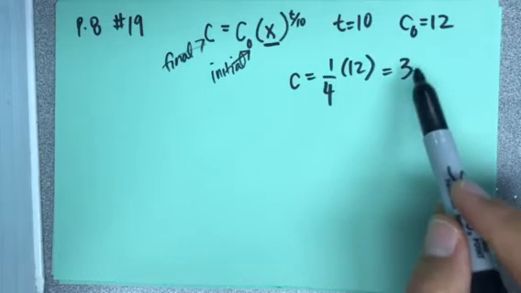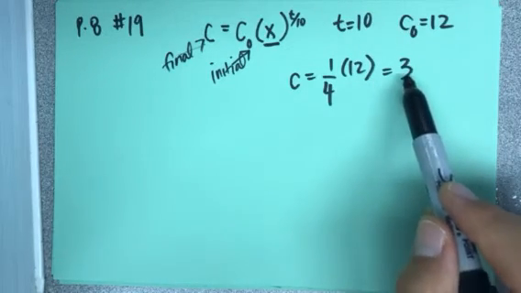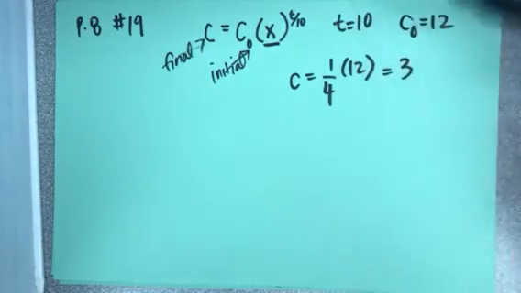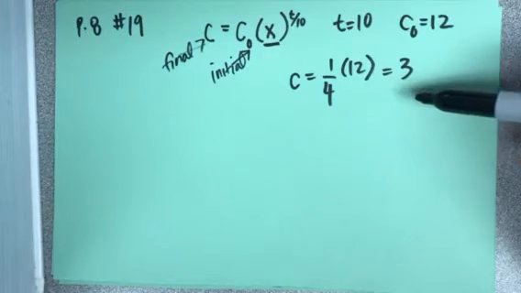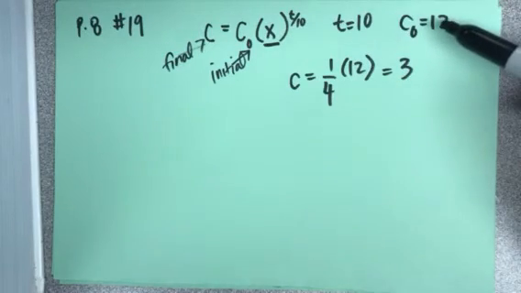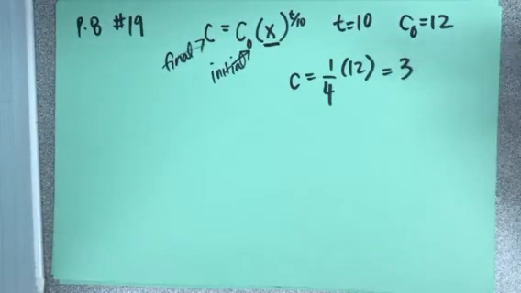So now you know what the concentration is at the end, because you divide it by 4. It's going to go from 12 down to 9, down to 6, down to 3, because it gets quartered every single time.